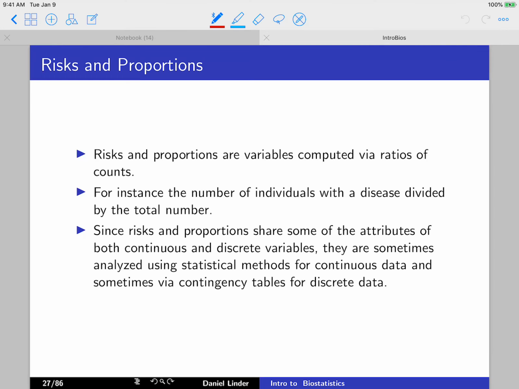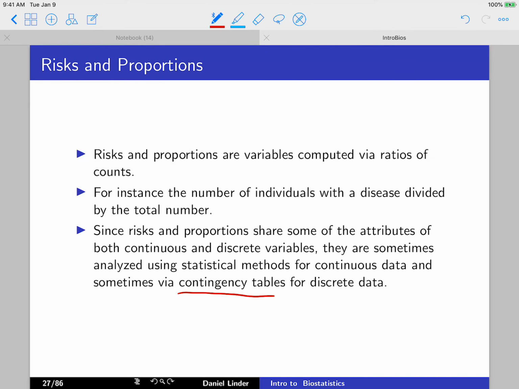Since risks and proportions do share some of the attributes of both continuous and discrete variables, there will be situations where we'll look at analyzing this kind of data with statistical methods that would originally be used for continuous data, and sometimes this data is going to be analyzed via contingency table. So for instance, with a chi-square test.